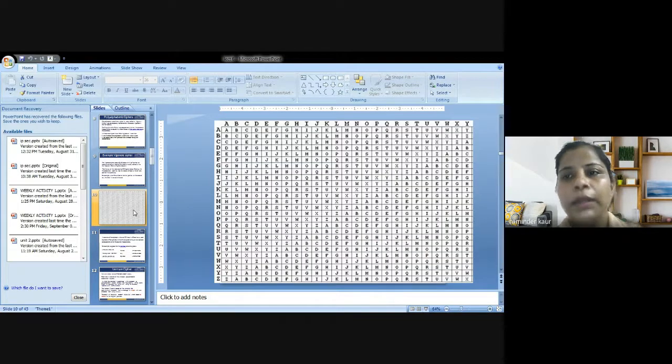One column is missing here, and you are supposed to check one letter from the plain text and one letter from the key. At the junction, whatever character you encounter will be your ciphertext.